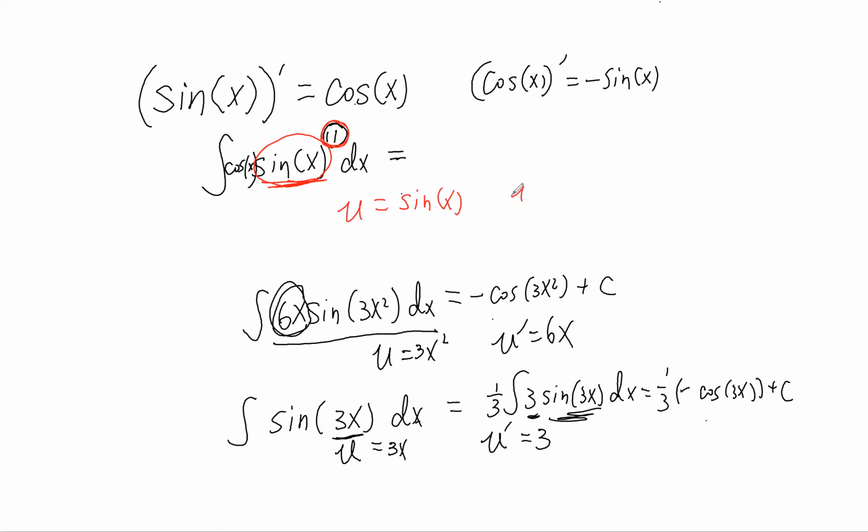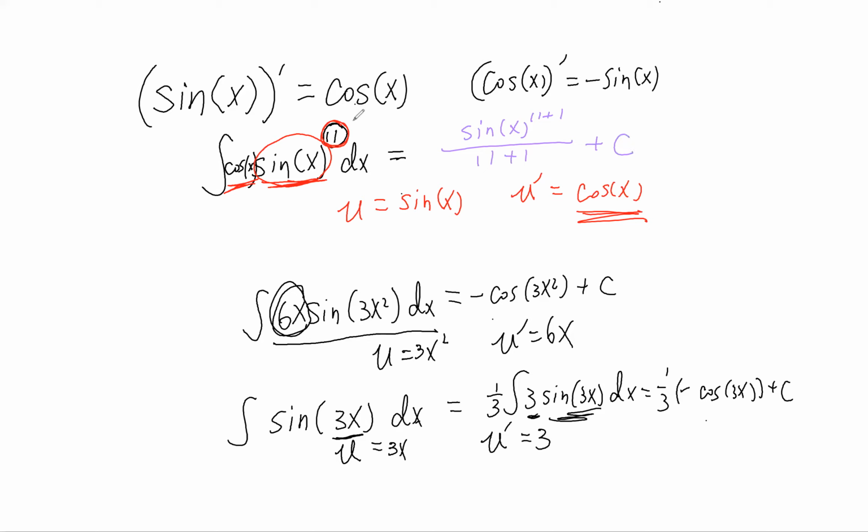Now I find my u prime, which is the derivative of sine, which is cosine. I have the formula on the top. Now I look at whether I have cosine or not. I do have it in front. Now the problem is done. We follow the power rule: sine x to the 11 plus 1 over 11 plus 1 plus c.